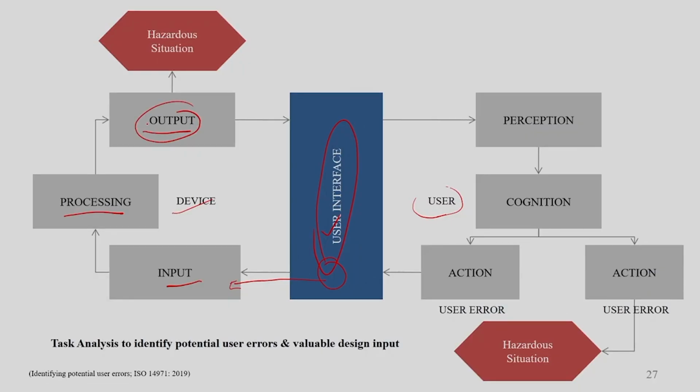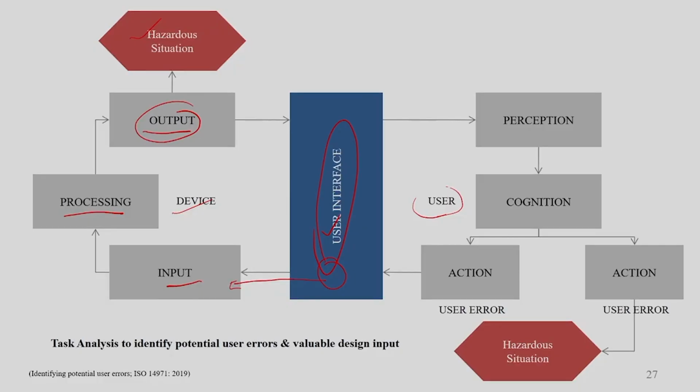Now when there is an output, there are possibilities that it can create a hazardous situation. Once there is an output, where will it go? The output goes to the user as feedback through the user interface, right? The user will perceive this output through their perception.